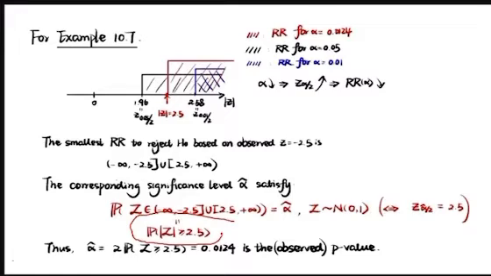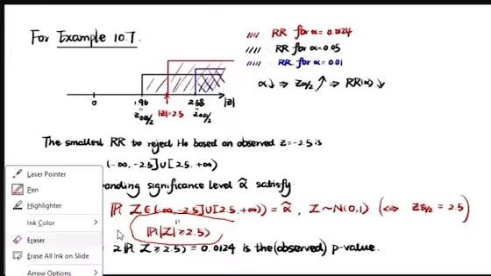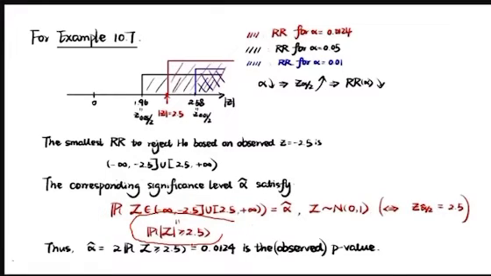If I want to remove the absolute value, don't forget, to the left of negative 2.5 and to the right of 2.5, they're going to be the same area. I need the two areas added together. That will be 2 times the probability that Z is greater than 2.5.